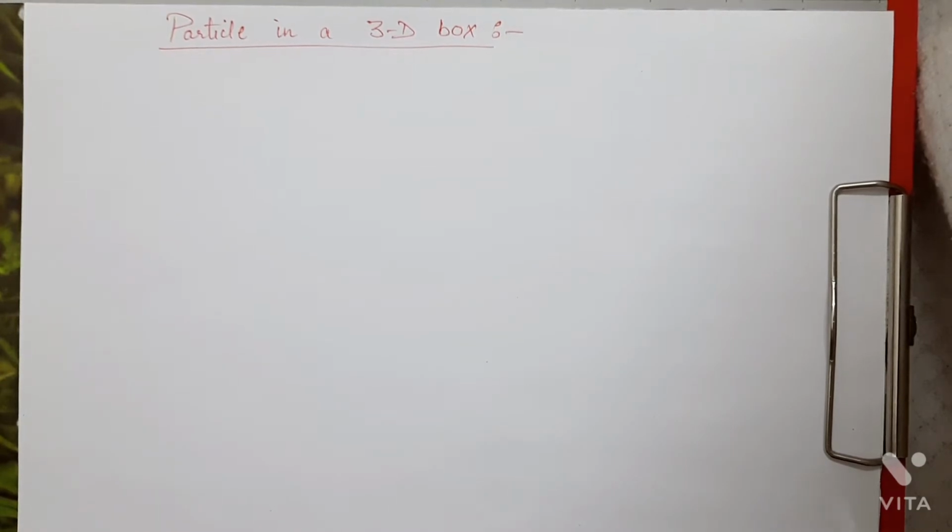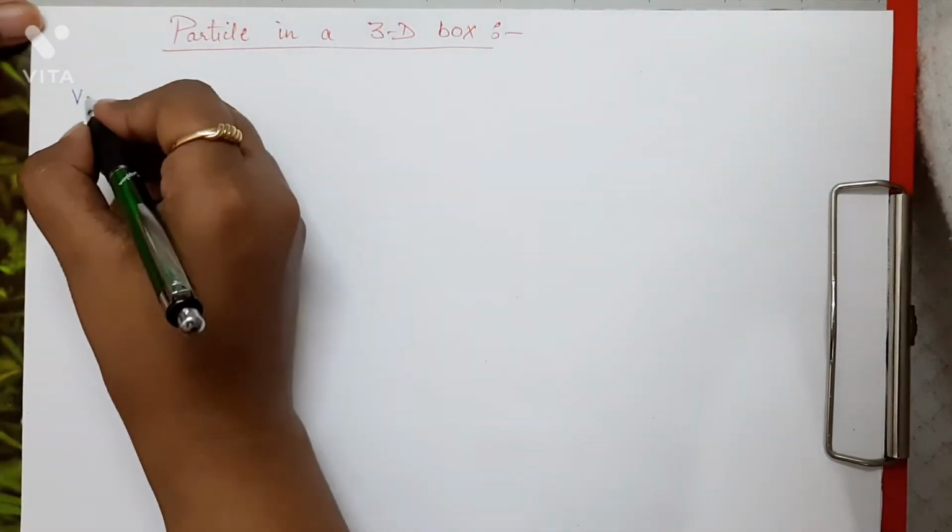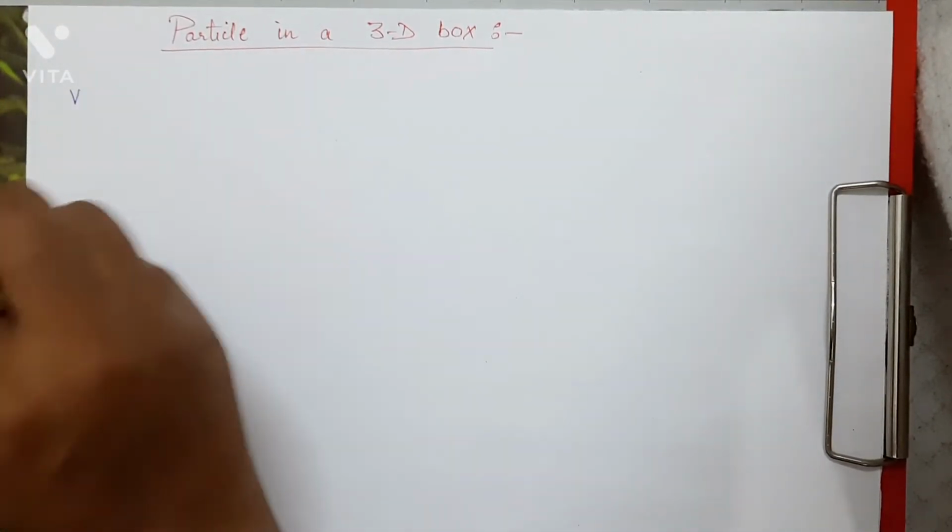Now as we have discussed particle in a 1D box and 2D box, it is going to be very easy for us to discuss particle in a 3D box, and we are not going to get into the big derivation part. We are just going to see the important things. First of all, let us look at the values of potential.